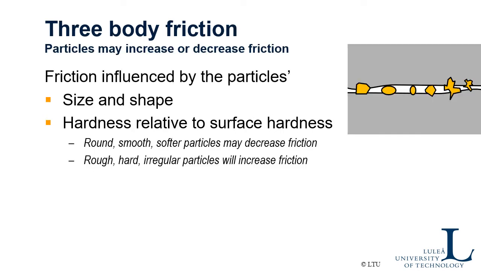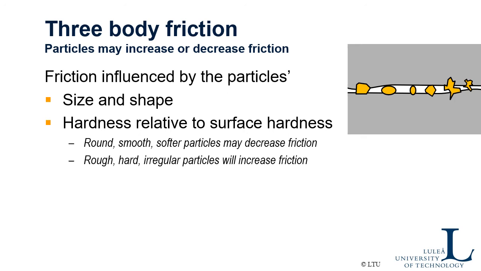Before talking about how to reduce the friction, we should also say that there is something called three-body friction too, and that is happening when you have a third body, a third material in between the surfaces, and that could be sand particles in between your shoe and the ice. It could be some other particles.